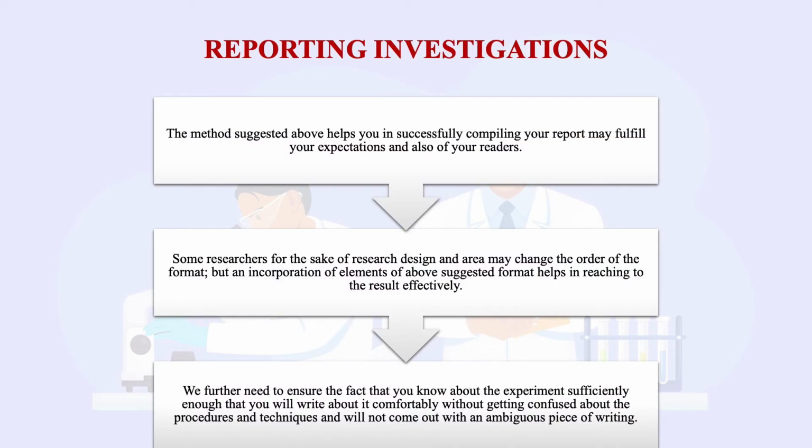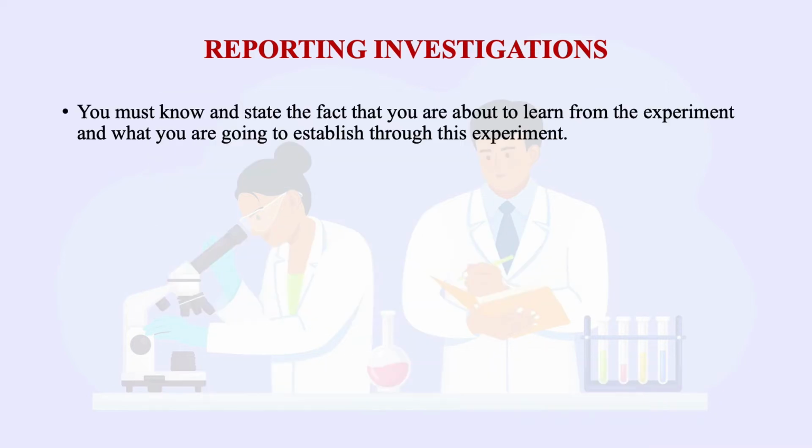So we further need to ensure that you know about the experiment sufficiently, so that you will write about it comfortably without getting confused about the procedures and techniques, and will not come out with an ambiguous piece of writing. You must know and state what you are about to learn from the experiment and what you are going to establish through it.